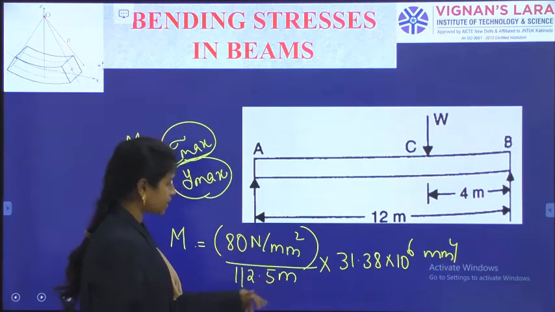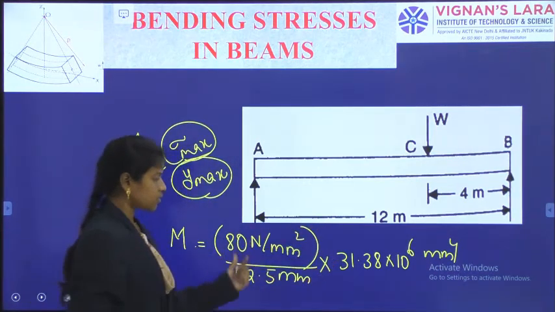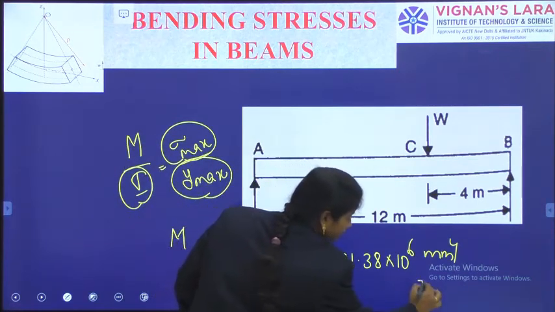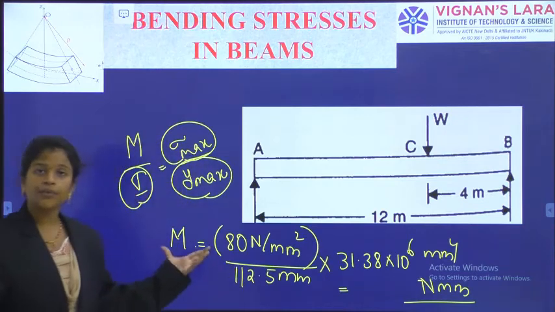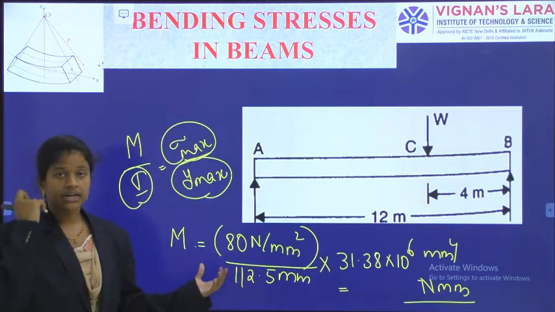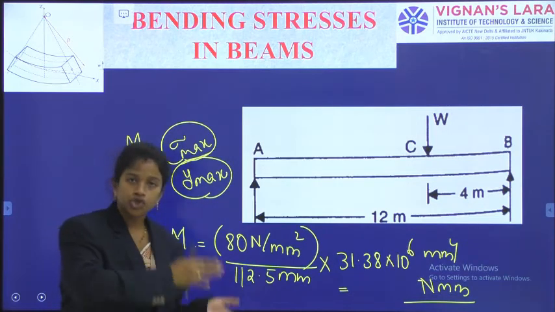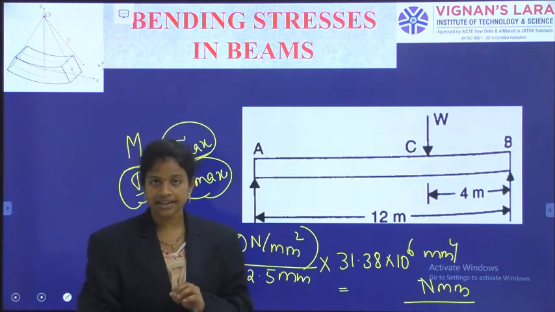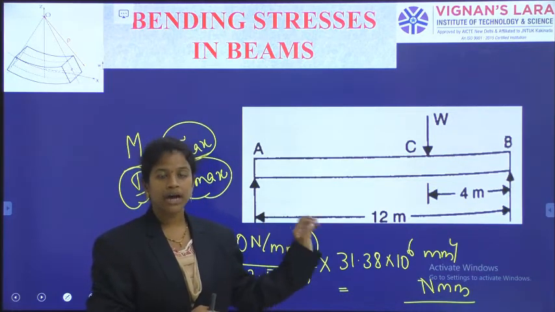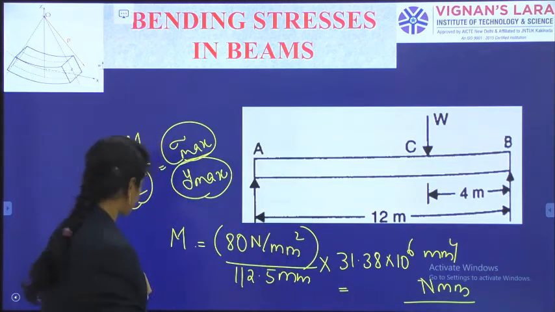Involving all these three answers, we will get the moment in Newton millimeters. That is from the pure bending theory condition. Now this maximum moment from pure bending theory should be equated to the maximum moment generated on the beam due to the application of a point load at a distance of 4 meters from the right support.